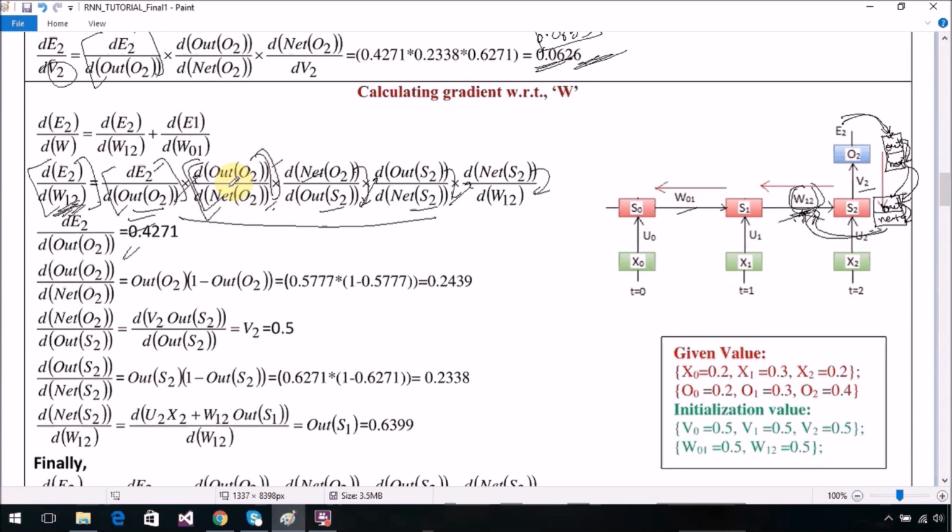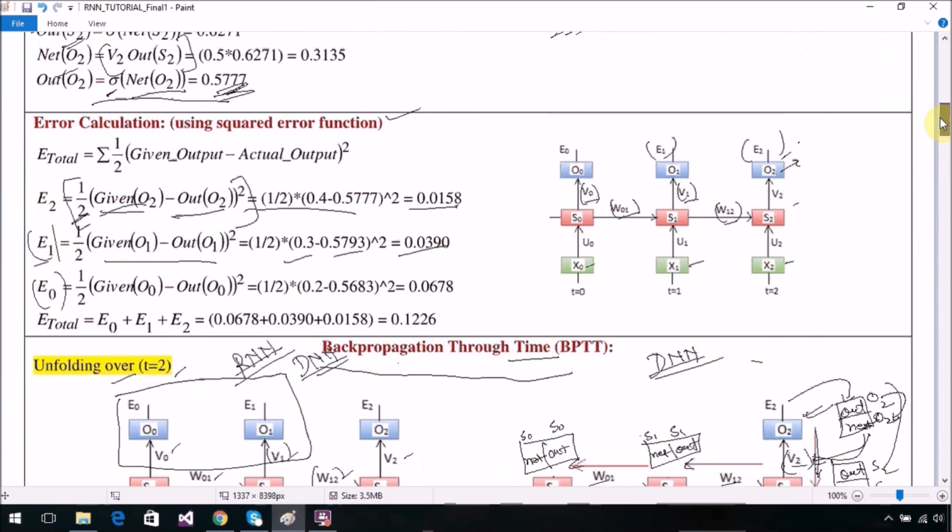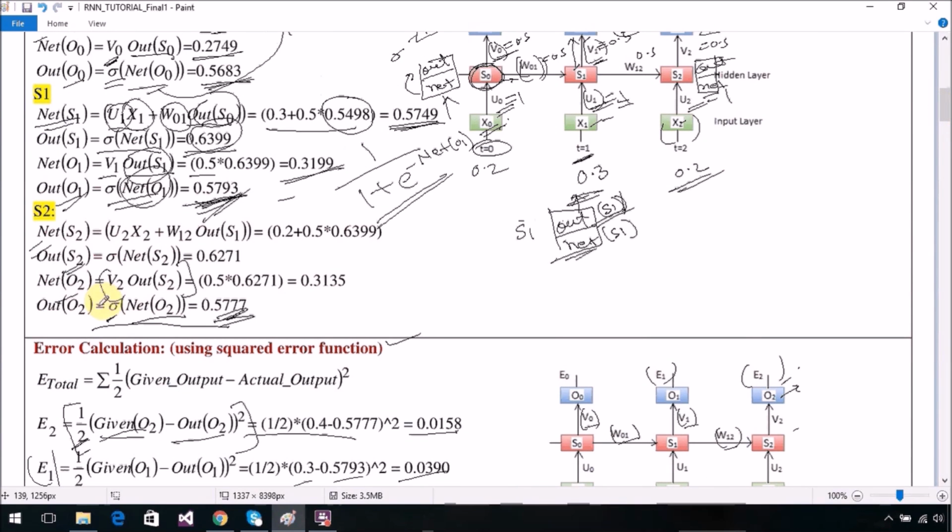For this part, the partial derivative of out O2 with respect to net O2, out O2 shows a sigmoid relation with net O2. This is the out O2 and net O2 based relation. This is a sigmoid relation.